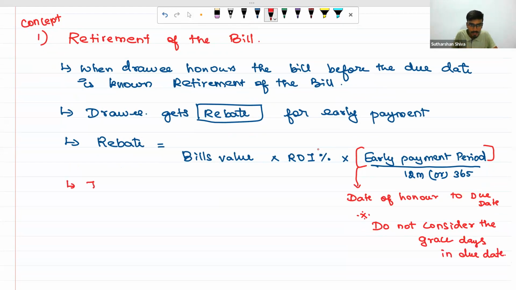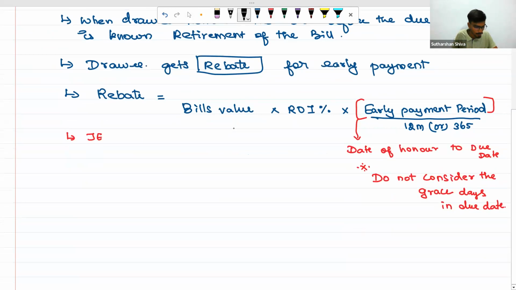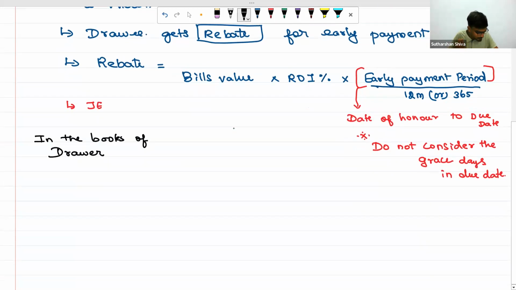The fourth step is passing the journal entry. I will give it in 2 persons' books. In bills of exchange, we simply call them drawer and drawee. First, in the books of drawer. From the drawer's point of view, he is getting early payment and giving some discount.